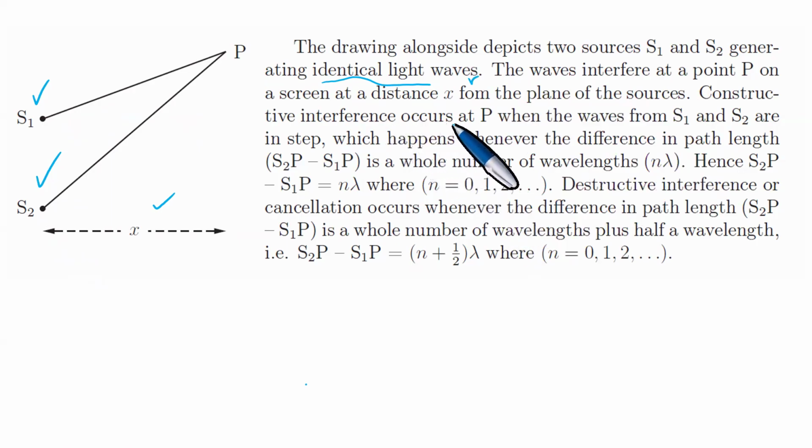Constructive interference occurs at P when the waves from S1 and S2 are in step, which happens whenever the difference in path length, which is S2P minus S1P, is a whole number of wavelengths lambda. Hence, S2P minus S1P is n lambda, where n equals 0, 1, 2.